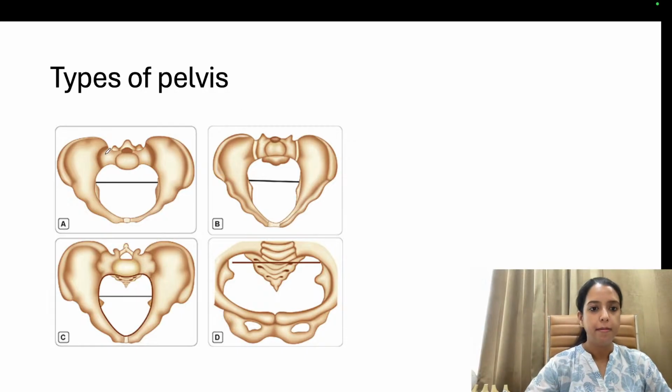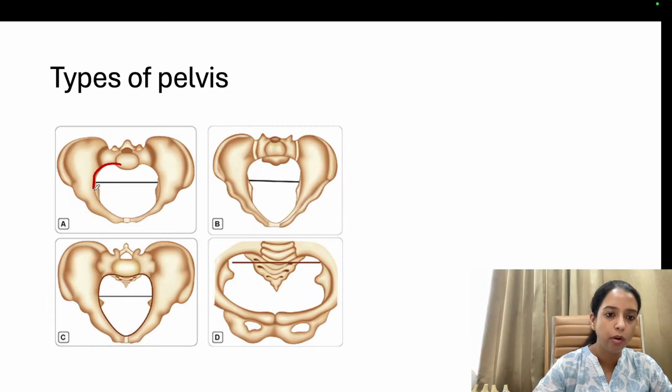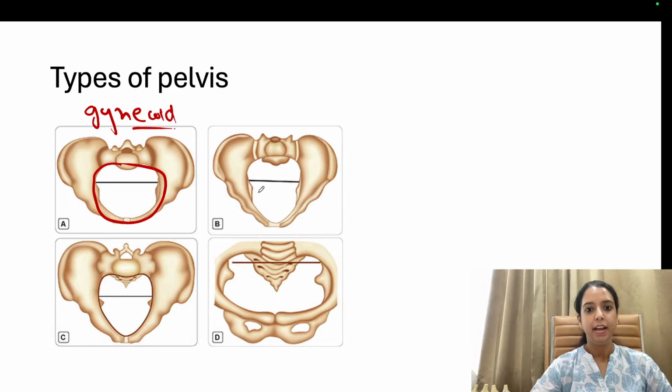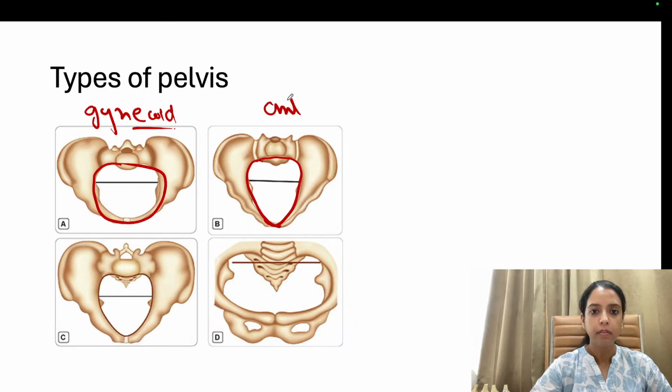Types of pelvis. The first pelvis, can you see a beautiful round inlet? Beautiful round inlet is gynecoid pelvis. Okay? When you see this pelvis, can you see that its anteroposterior diameter is longer? AP diameter is longer, transverse is smaller. It is anthropoid.